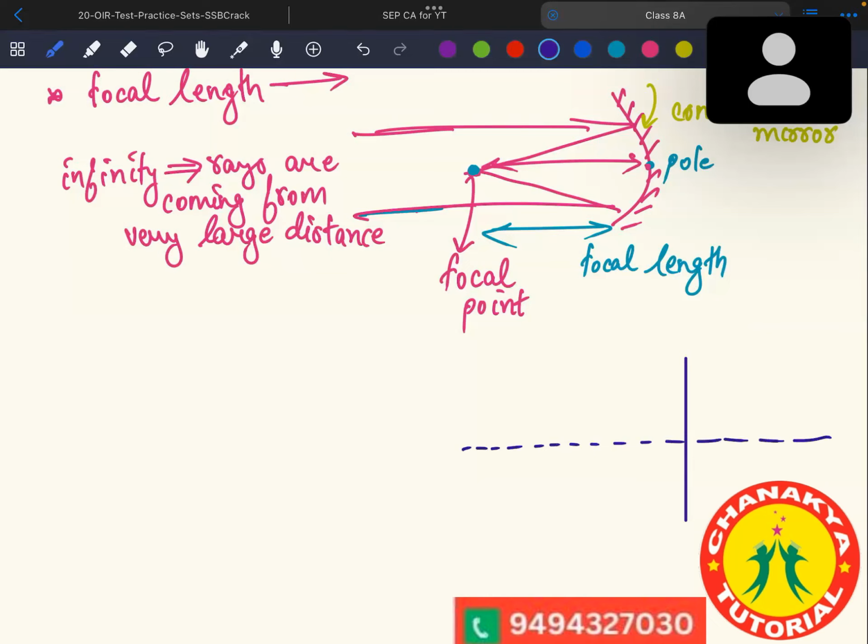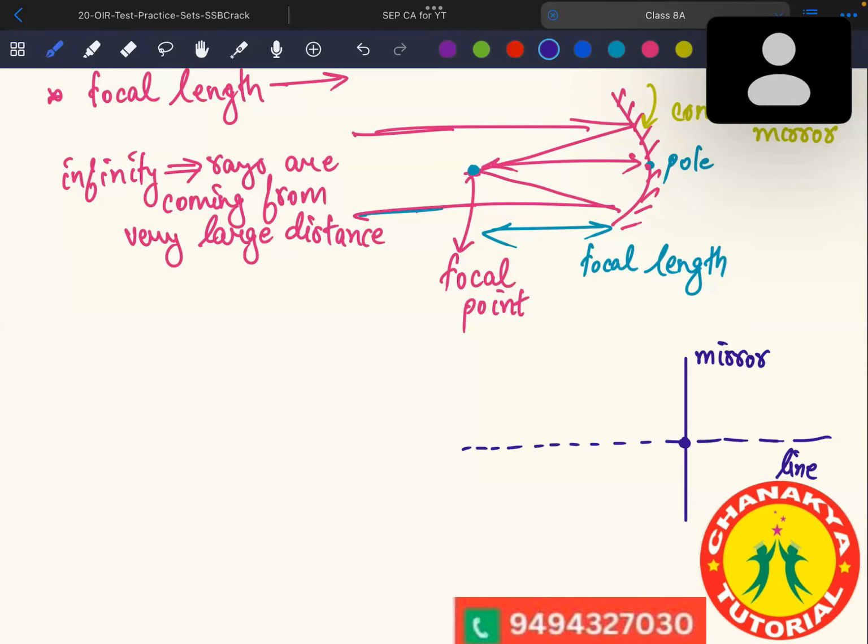The line breaking it into two halves is the normal, and the intersection point of the mirror and this line, we will say is the pole.